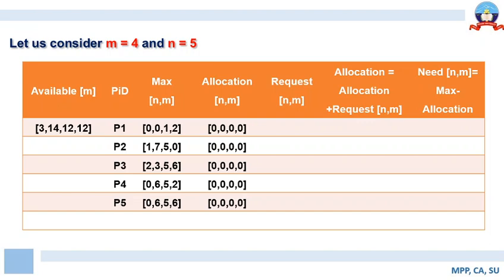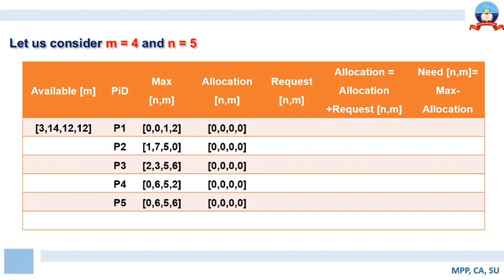And eventually process P5 requires 0, 6, 5, 6 instances. So this is the maximum requirement of the 5 processes in the system, wherein the resources that are available are 3, 14, 12 and 12.